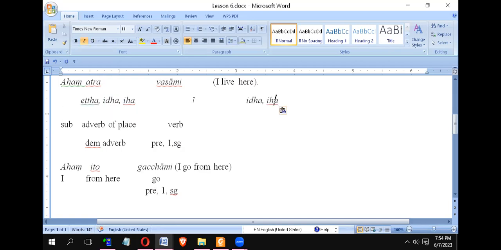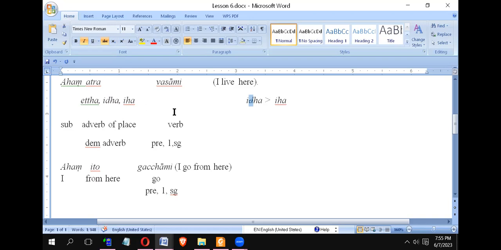Ida and iha: when you drop the e, it becomes iha. Sometimes we call it simplifying the sound. So these two have some relationship. Atra and eta are quite the same. Both are used in the Tipitaka also.